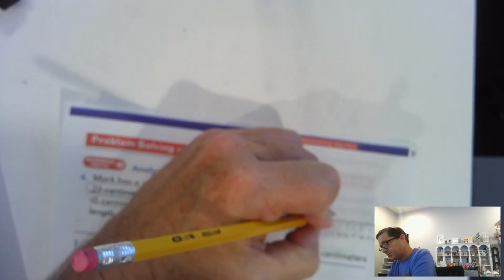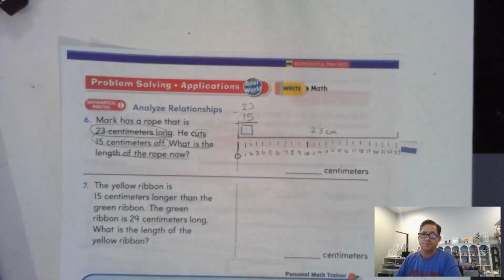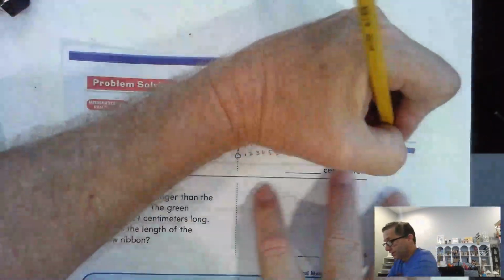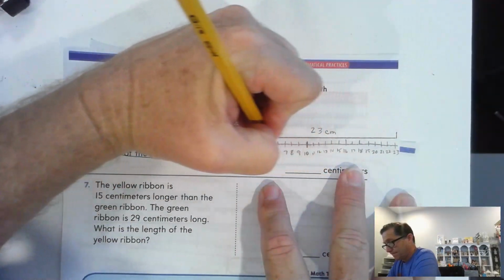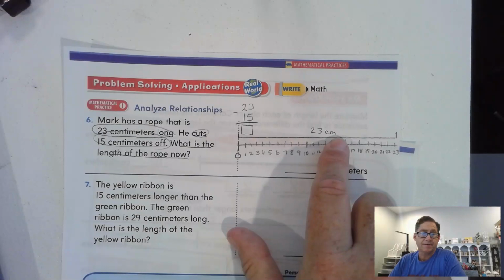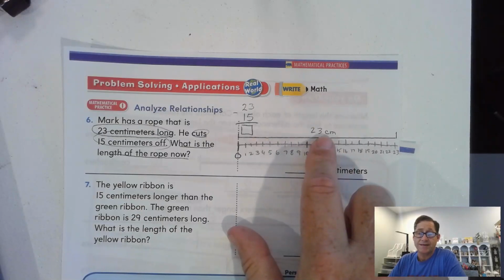So the length of his string was 23 centimeters. Sorry about that, it blurred out. I just made a number line from 0 to 23.